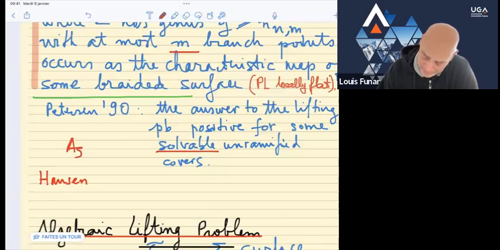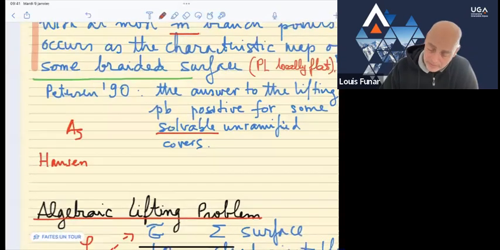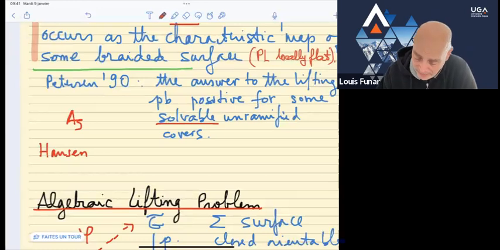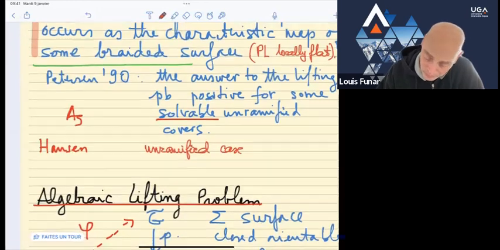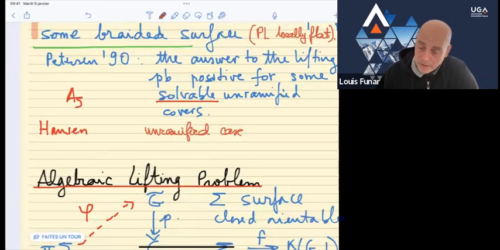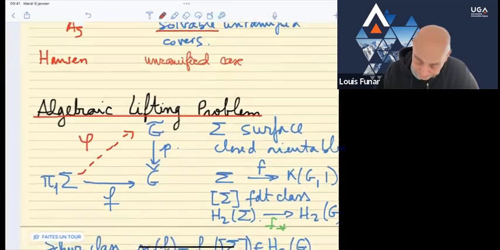And already Hansen observed, he mostly worked with the unramified cover. When he asked the question, he already stated some way to approach this problem, and he transformed the geometric lifting problem into an algebraic one as follows.